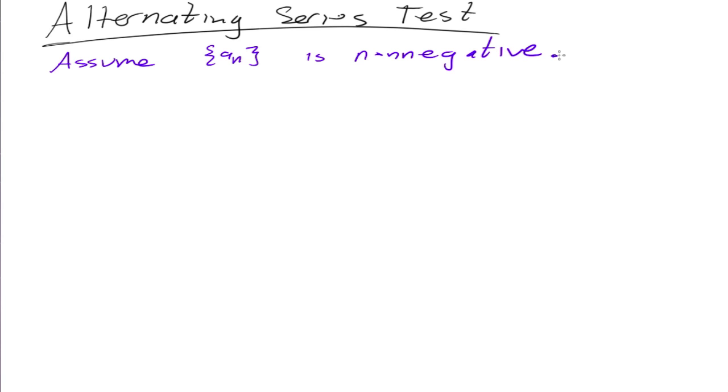Okay, so assume A sub n is non-negative. And then if, well, non-negative could be 0. So positive is not 0, non-negative. Small detail.